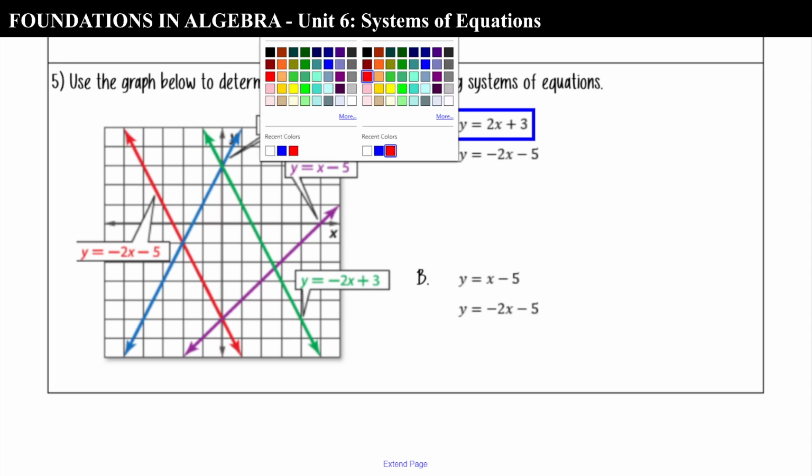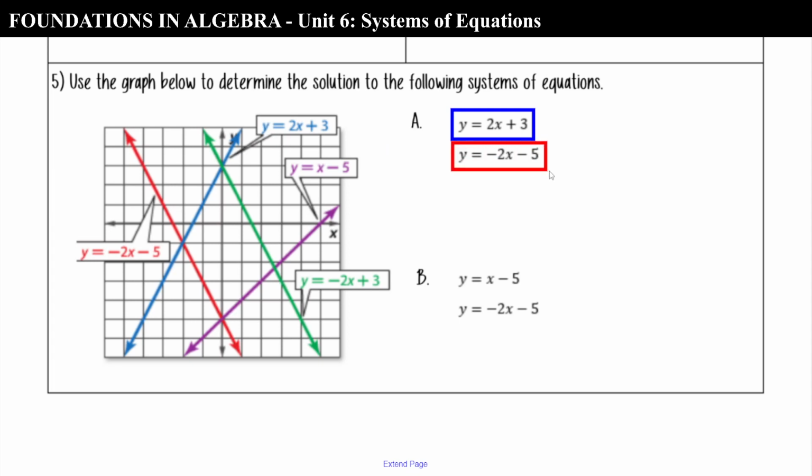So I'm going to put a red box around that one. So these are the two lines that we're looking at, the red line and the blue line. Well, we do have a solution, and the solution here is going to be x equals negative 2, and negative 1 for our y value.